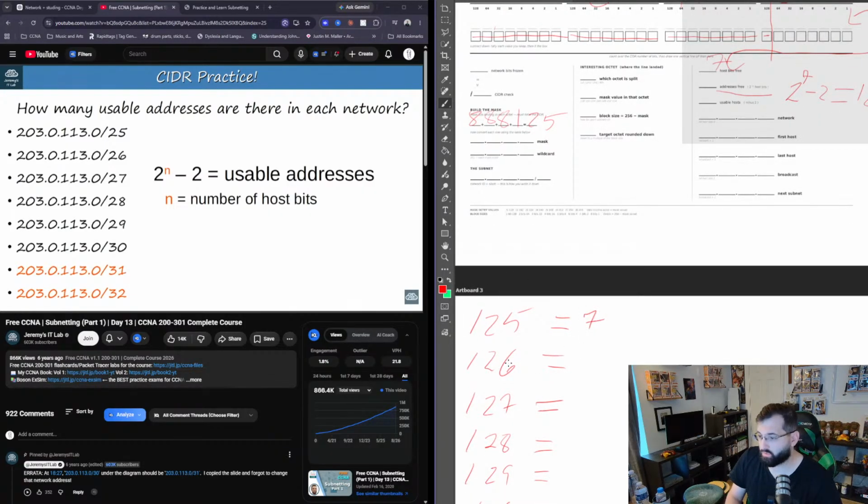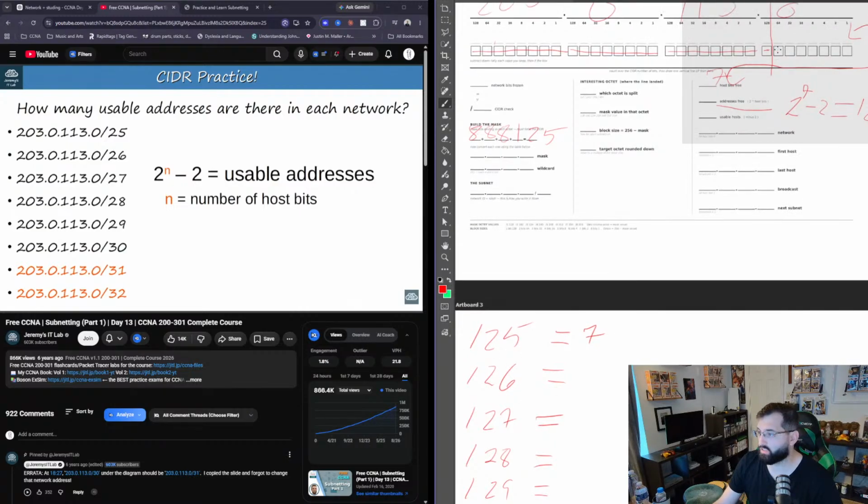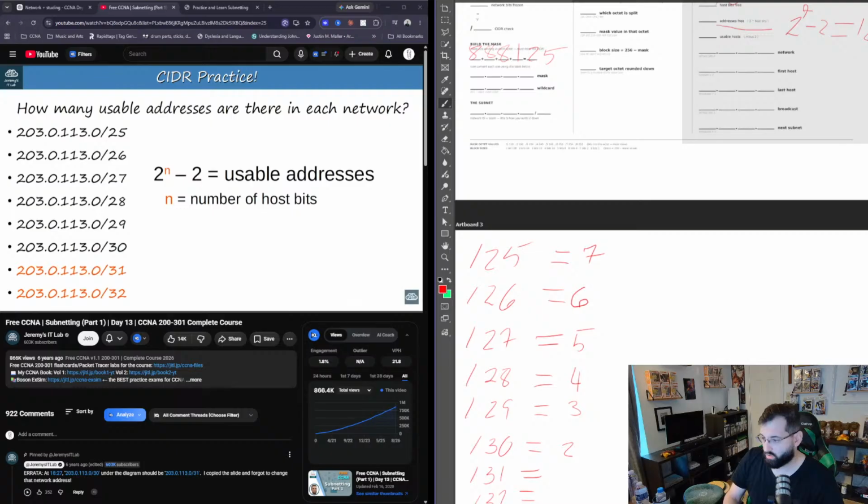So every single time we add to this 25, we're decreasing the free bits by 1. So this one is going to be 6, then 5, 4, 3, 2, 1, and 0.